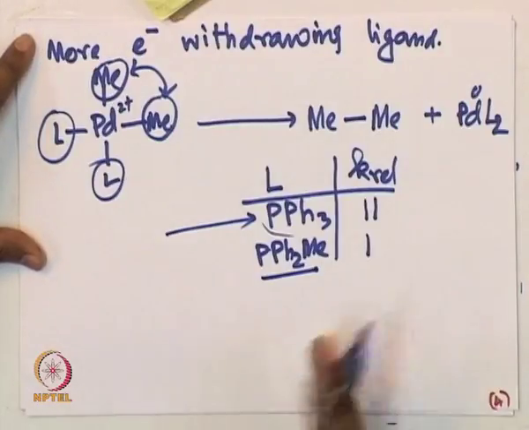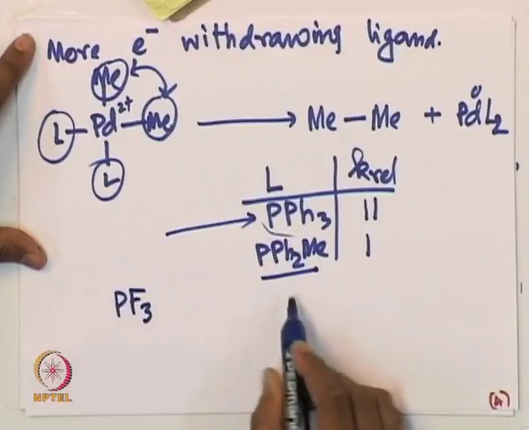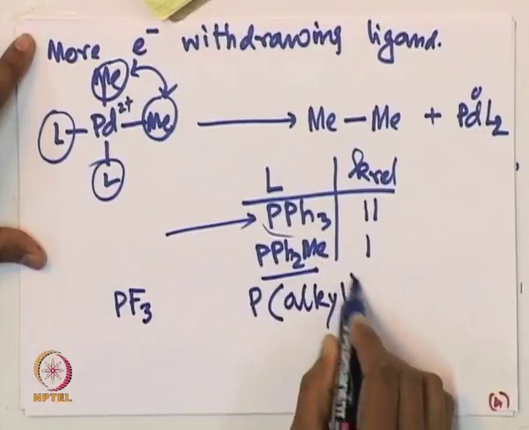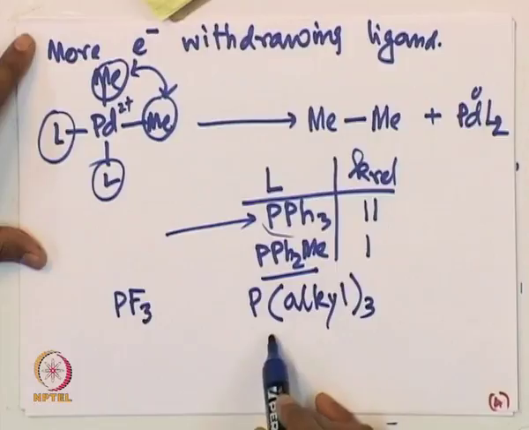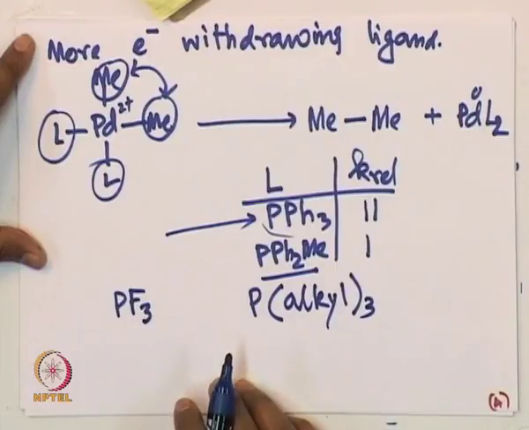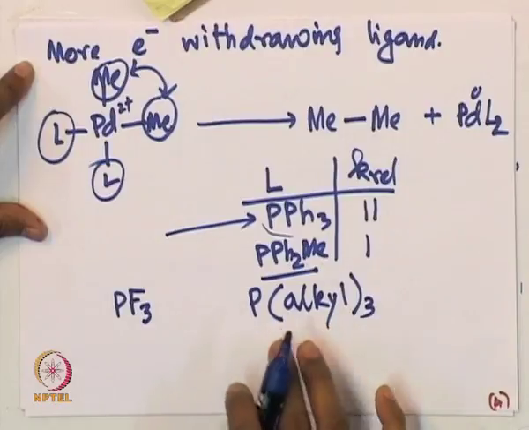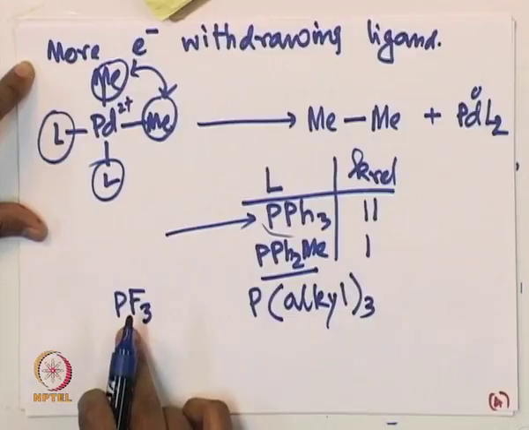In the other case, for example, if you have PF3 versus, let's say, PR3, trifluorophosphane versus trialkyl phosphane, which one will give you faster reductive elimination, whether the alkyl group will promote the faster one or the fluoride will give the faster one.